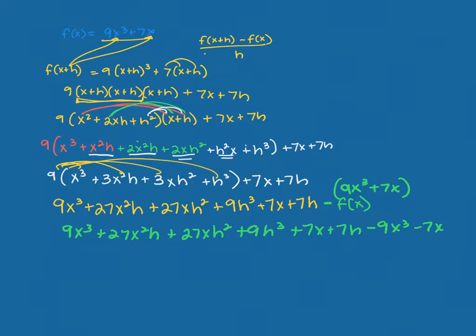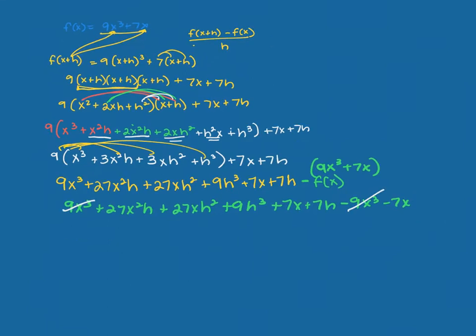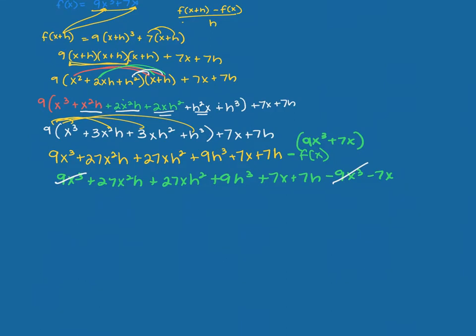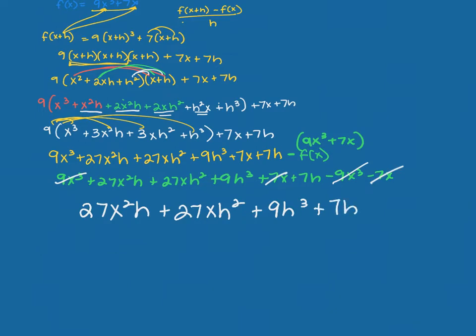Then comes the canceling. Positive 9x to the third, negative 9x to the third. Positive 7x, negative 7x. And from that, I have 27x squared h plus 27xh squared plus 9h to the third plus 7h.